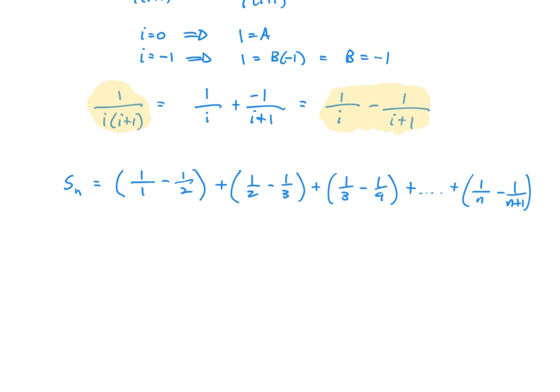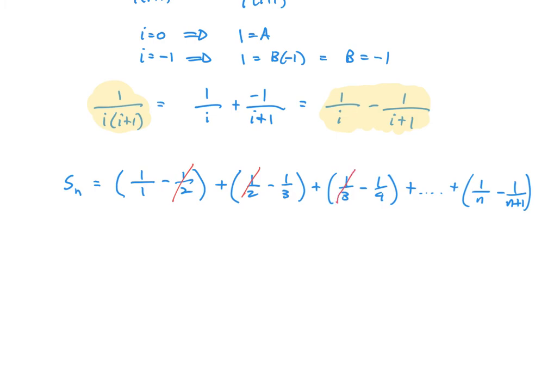Okay? And what do we notice happening? What we notice happening is that the first fraction of the next term is going to cancel with the last fraction of the previous term. So this 1/2 cancels out with the minus 1/2.